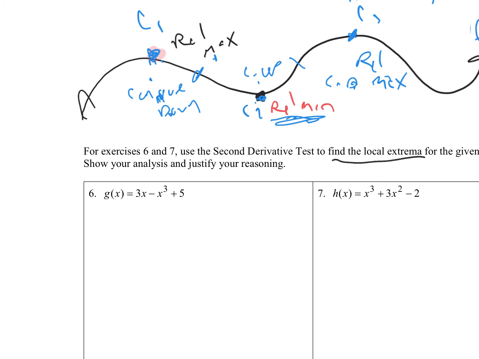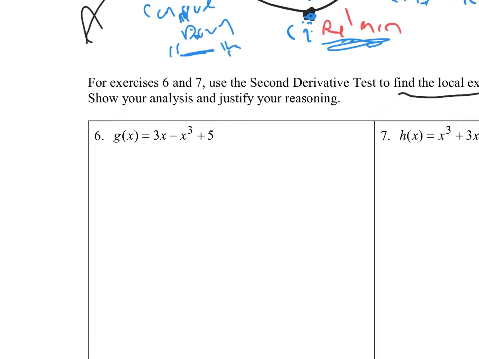If we plug a C into the second derivative and get a positive number, it's going to be a min. If we get a negative number, it's going to be a maximum, because concave down is negative. So if you get less than 0, it has to be a max. Since concave up has a positive second derivative, it's a minimum. You've got to look at the picture and see.